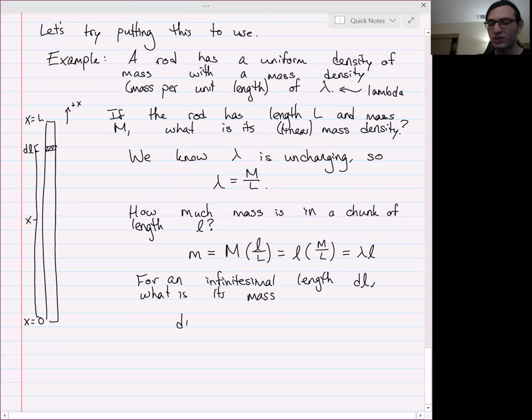So just like what we did up here, the mass of that chunk, which we're going to call dm, should be equal to lambda times the length of that chunk. So it'd be lambda times dl. I don't know why I keep using the wrong variables. I should have really called this dx, because the variable that we're using to go up the rod is x.